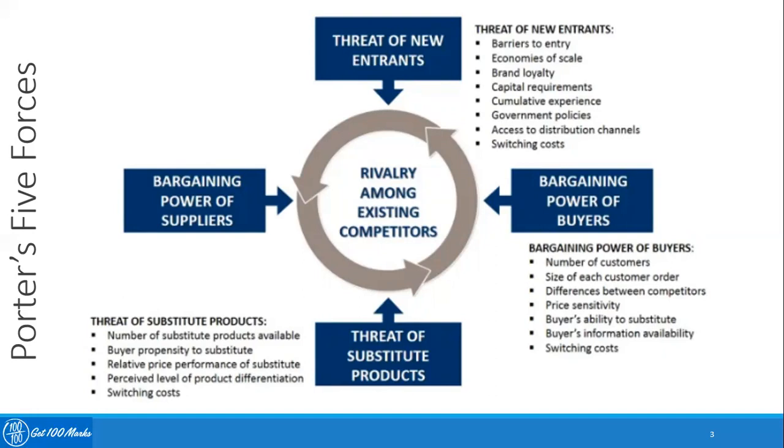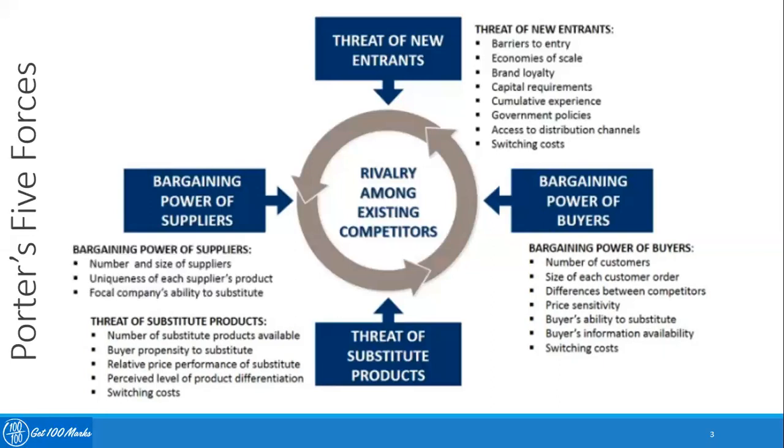Suppose the people are hesitant to substitute one product with the other. Let us say, for example, sugar. If people are not interested in substituting sugar with sugar-free products, then the threat of substitute will be less. But if the people have no hesitation in switching and substituting sugar with something else, maybe with sweeteners, sugar-free substitutes, or with jaggery, etc., then the threat is very high.